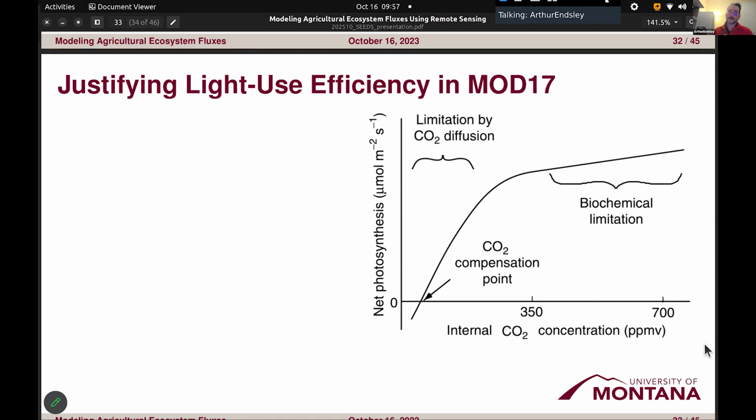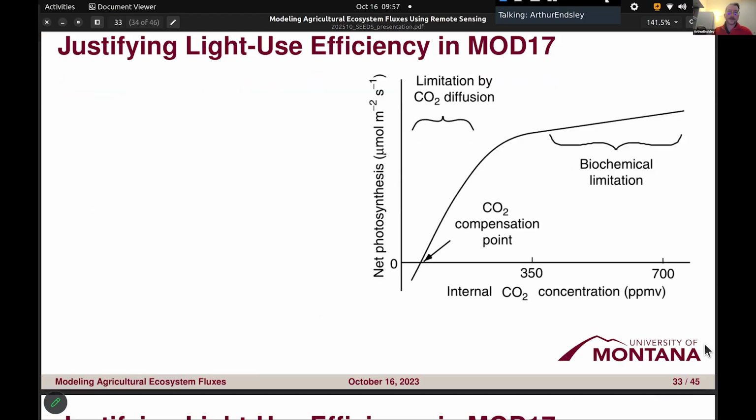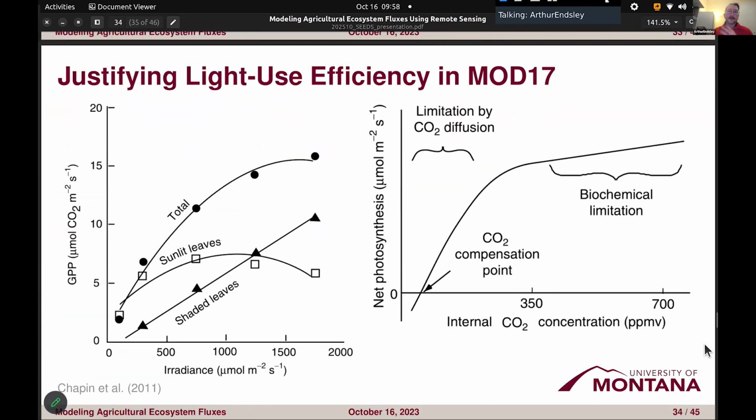There are underlying biochemical limitations to the reuse and recycling of ribulose bisphosphate and other compounds. So how can we have a linear model when there's actually a nonlinear relationship between photosynthesis and some of these drivers? Well, when we do this at large enough spatial and temporal scales, we actually do get a linear response.